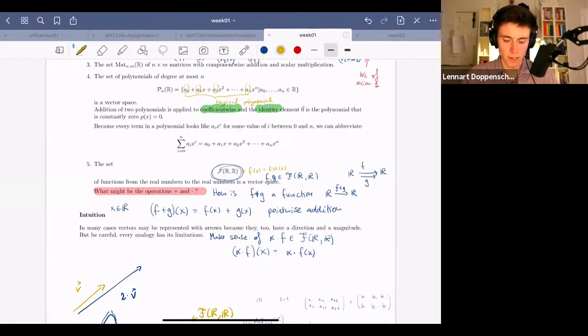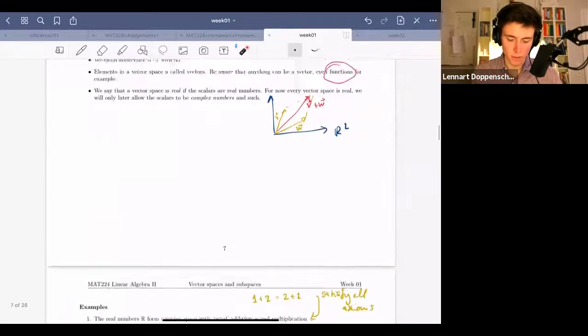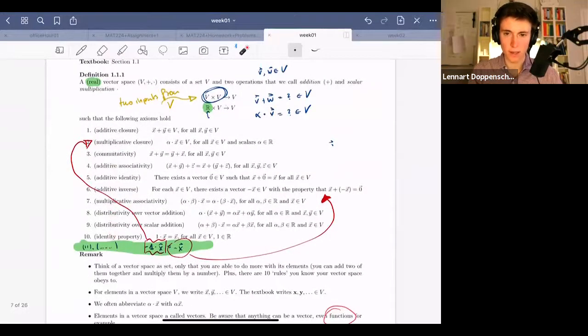But what I can tell you is that if you consider the set of all functions and you define the addition in the way that we did, which was pointwise addition, so whenever you have the sum of 2 functions and you apply it to a variable x, you just apply the functions separately and you apply addition in the target space, then it just happens that this set together with these 2 operations will be a vector space. So you can just go through the axioms and check that these hold.